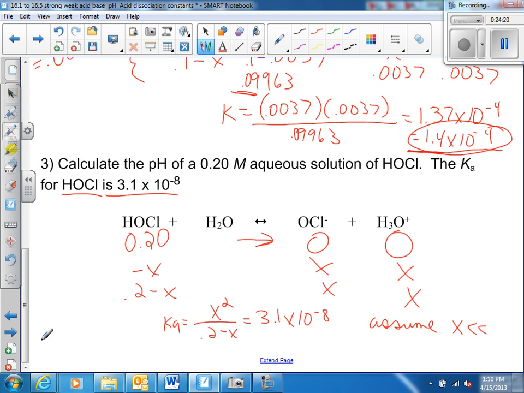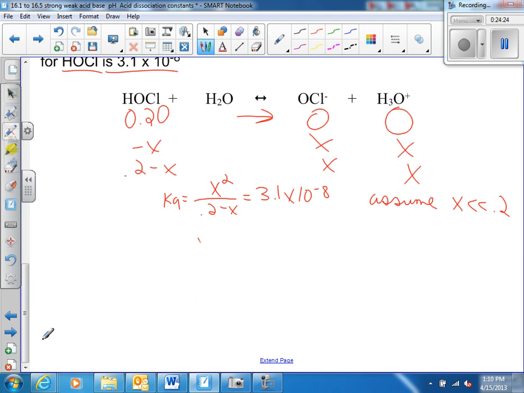I will assume x is much less than 0.2, which means x squared over 0.2 is 3.1 times 10 to the minus 8, because this assumption means that 0.2 minus x is approximately 0.2.